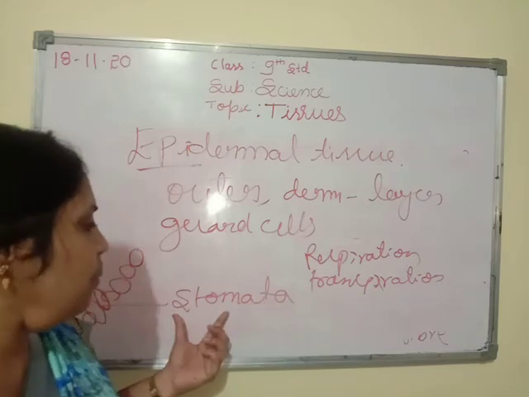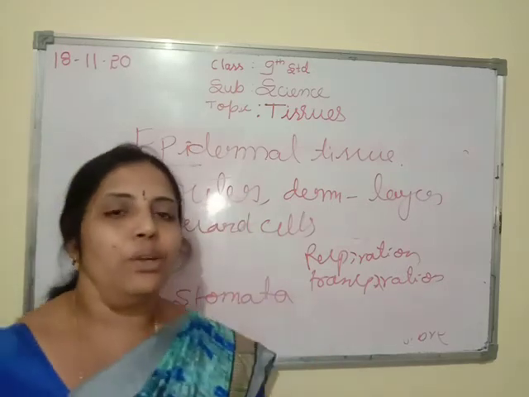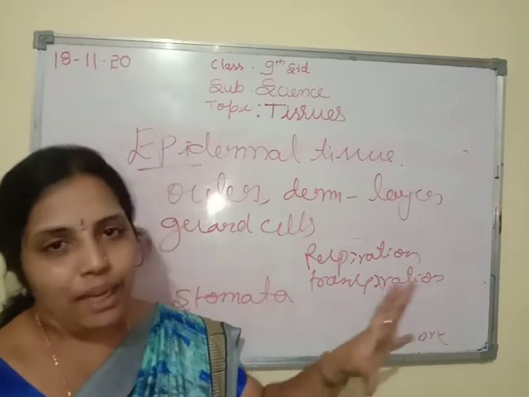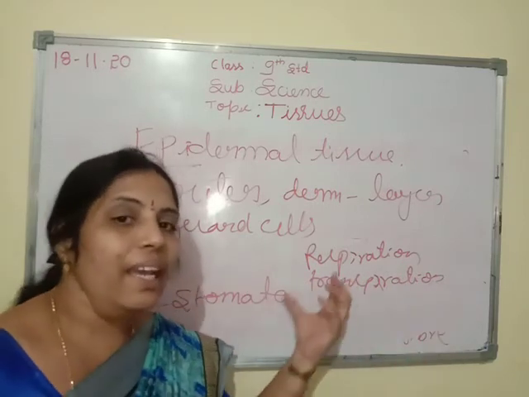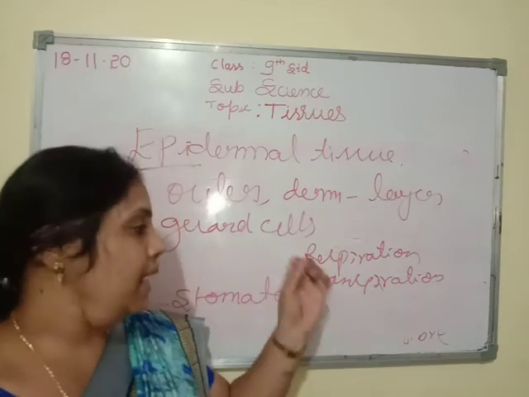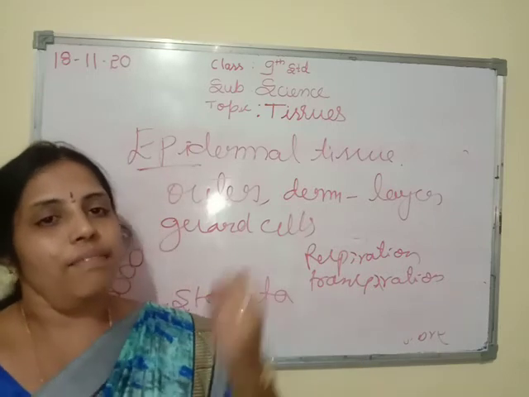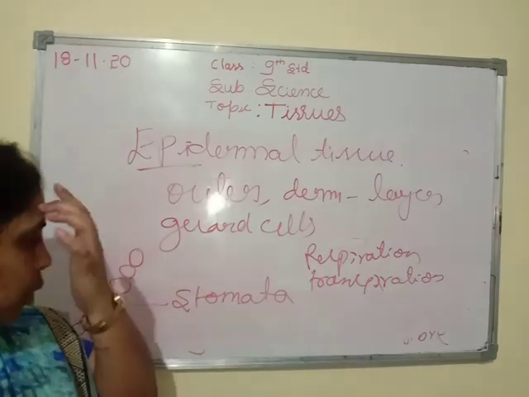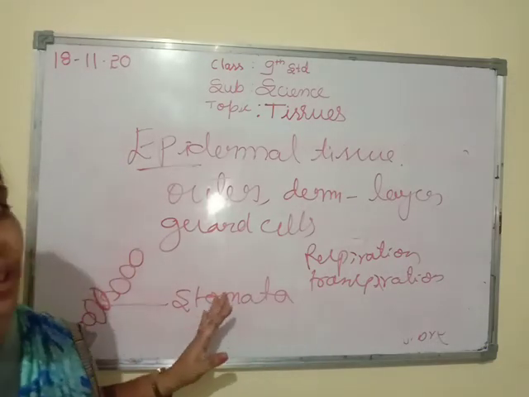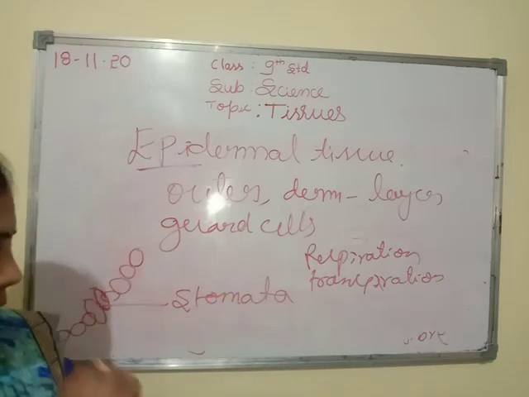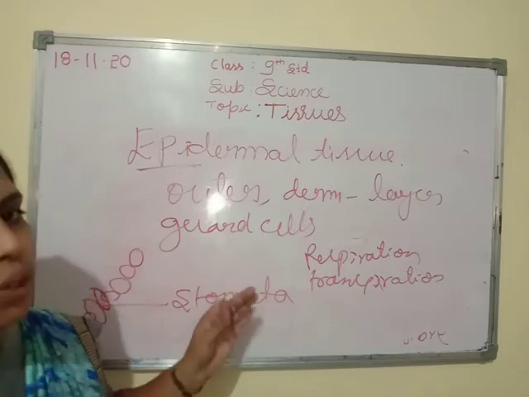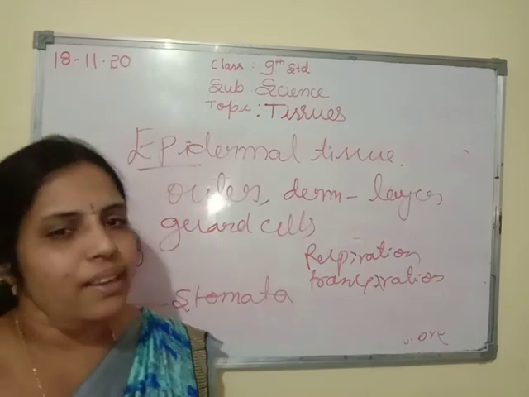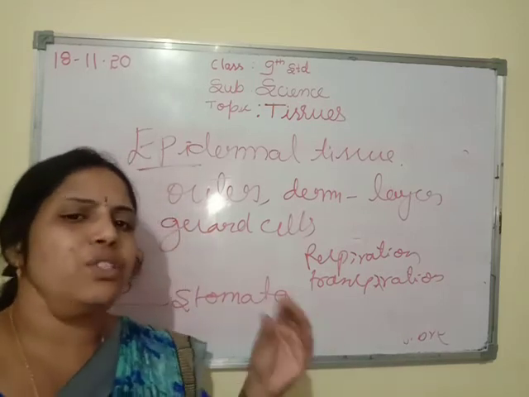This stomata plays a very important role in aquatic plants. Aquatic plants means plants that grow in water. So how does it help there? Yes, it helps in avoiding excess absorption of water from the lake. That plays a very important role in aquatic plants. If you see the leaf of the lotus, or any aquatic plant, it is very hard.